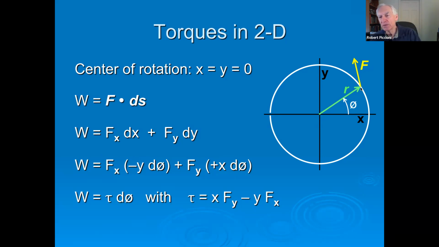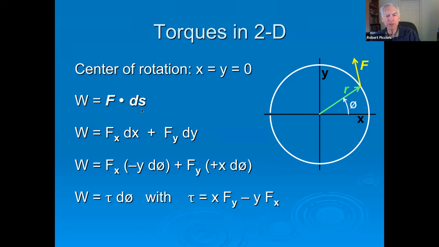And there may be a force applied to the particle that causes it to turn. Now, we're not allowing the particle to shoot off into space. The particle is somehow constrained to rotate about the center. Maybe this is part of a solid body like a bowling ball. And so the motion of the object will be to go round and round when you apply this force, even though the force is not exactly in the optimum direction.